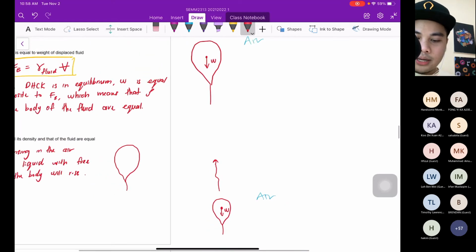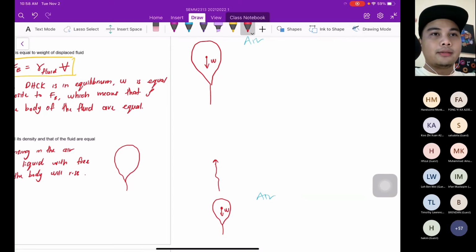However, we are living in the atmosphere. Different altitude will have different what? Pressure. And then we have different density, right? The density of the air is different at different elevations.